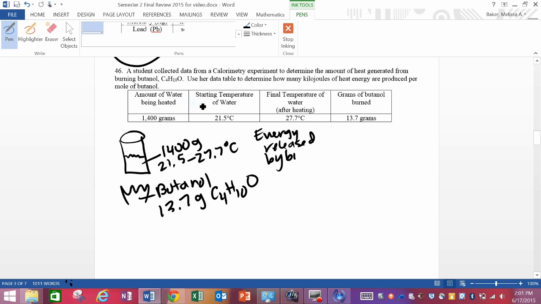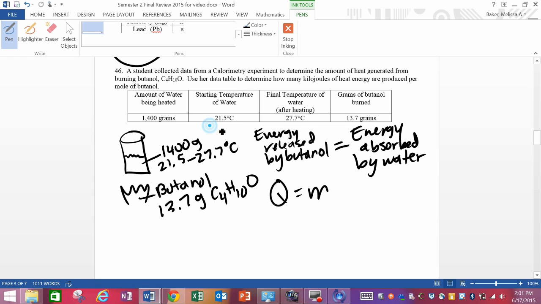We're going to make the assumption that the energy released by the butanol while it's burning under that can is equal to the energy absorbed by the water. Why? Because it's easy to calculate the energy absorbed by the water. We can just use Q equals mc delta T. The mass of the water, 1,400.